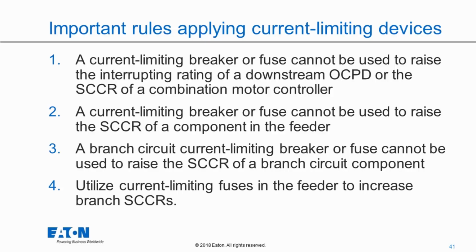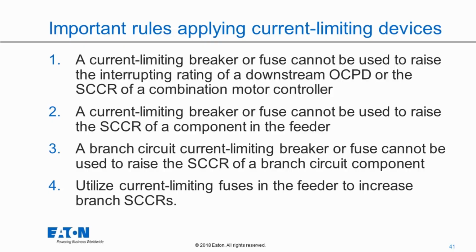I'll say this 10 times if I have to, but it's really important. It's a common misapplication: a current limiting breaker or current limiting fuse cannot be used to raise the interrupting rating of a downstream overcurrent protective device or the SCCR of a combination motor controller. So combination motor controllers are also exempt from having this current limiting device increase.